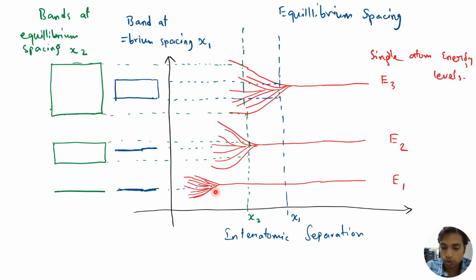Now what is this interatomic spacing? There is an equilibrium interatomic spacing, and based on that equilibrium spacing, you will have the band.